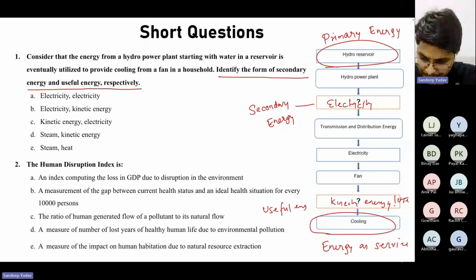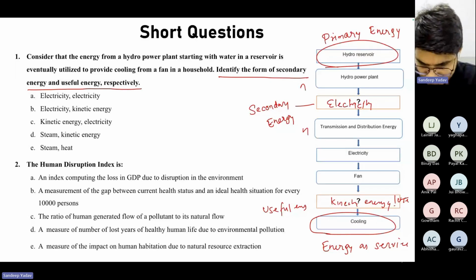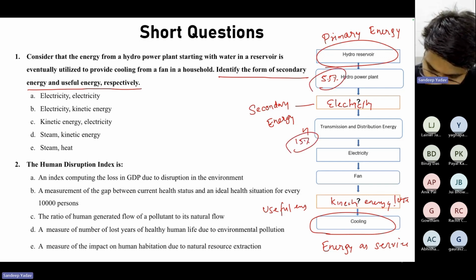Now suppose we add some efficiencies in between. Like if you say the efficiency of a hydropower plant is 55%, so we will add efficiency 55%, transmission and distribution losses we add 15%, and fan efficiency we add as 80%.